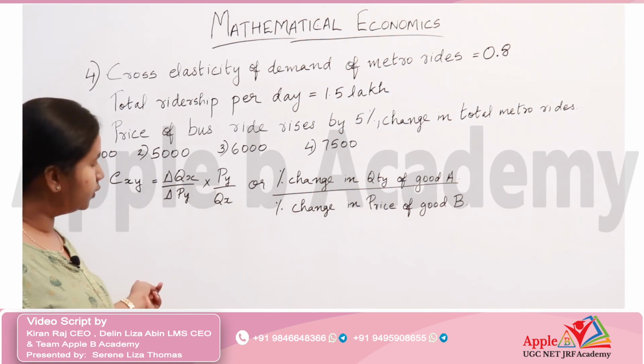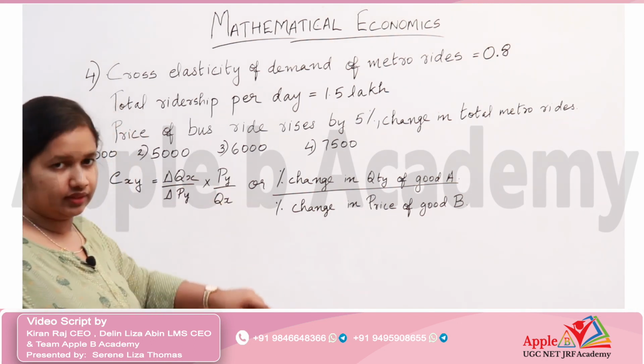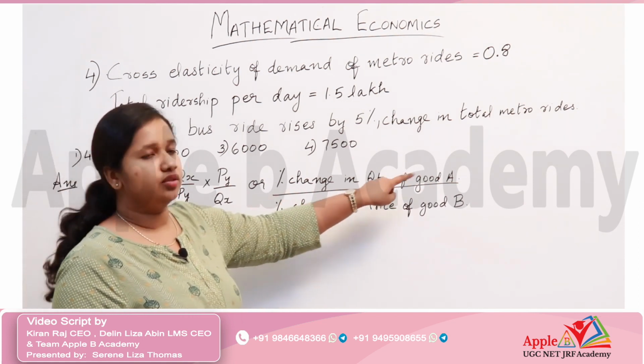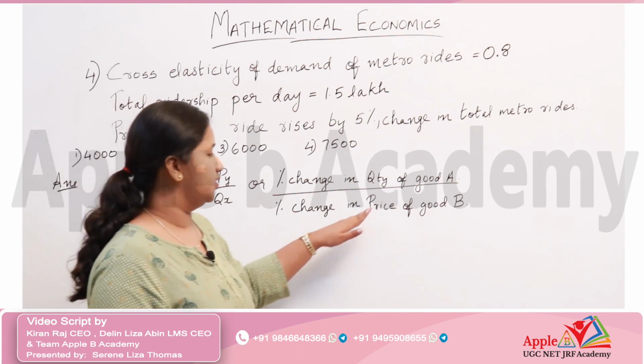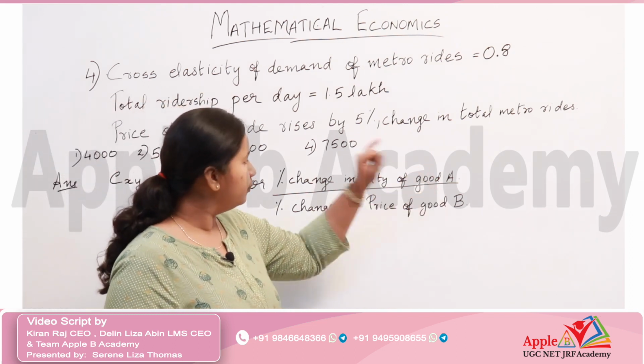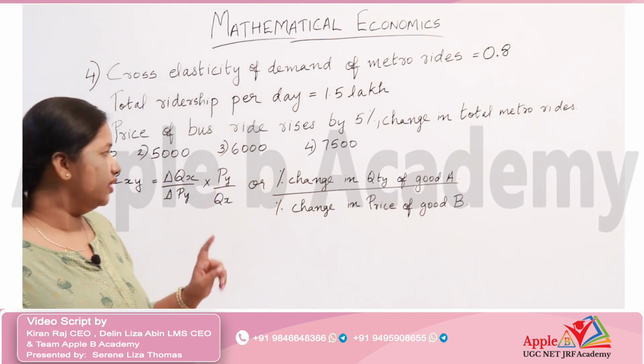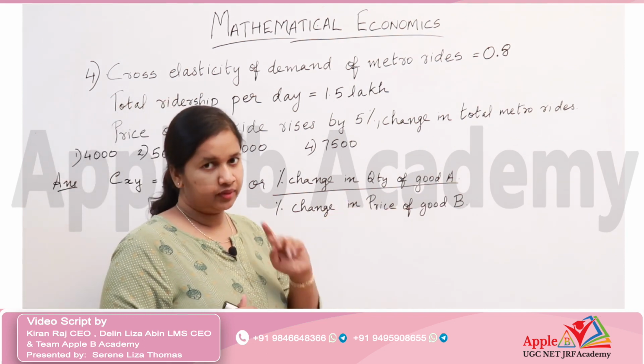Otherwise, this formula can be written as percentage change in quantity demanded of good A by percentage change in price of good B. Here, good A is the metro ride and good B is the bus ride.